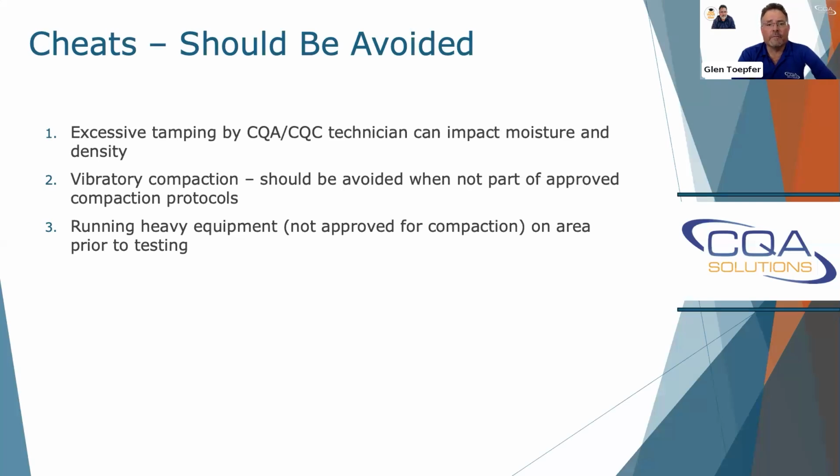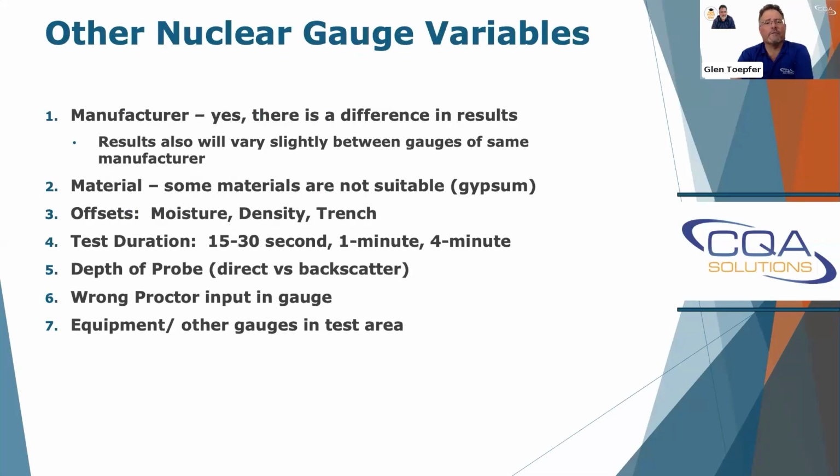Vibratory compaction, if it's not a part of the compaction protocols, it should be avoided. I've seen where contractors drive a vibratory machine up there and they want you to test on top of where they had the smooth drum and they vibrate it to get the moisture up, and that's not what you should be doing. Running heavy equipment, same thing. So those are things that should be avoided.